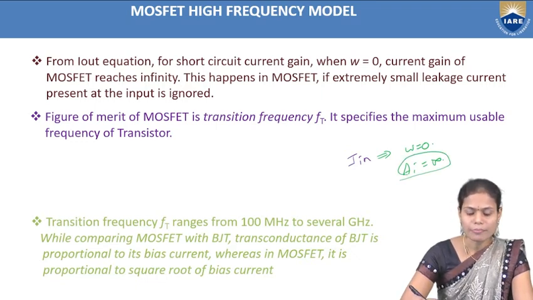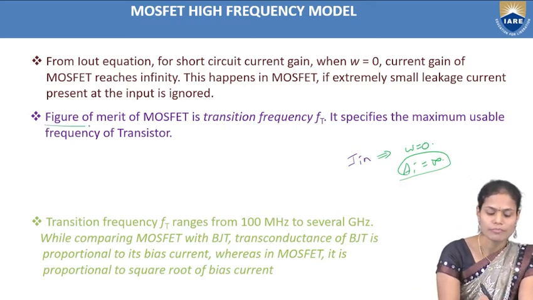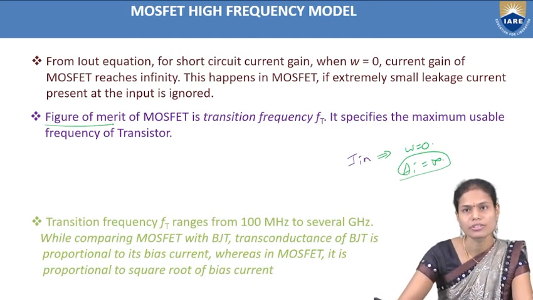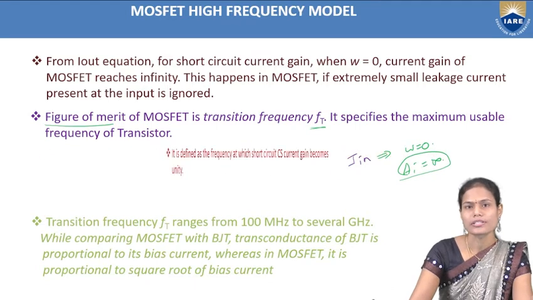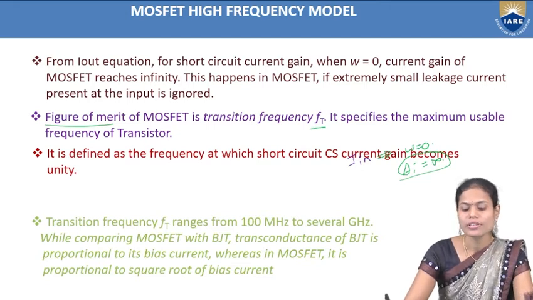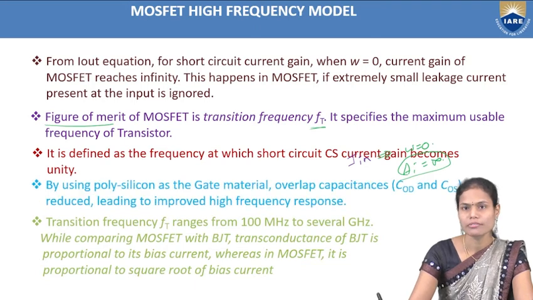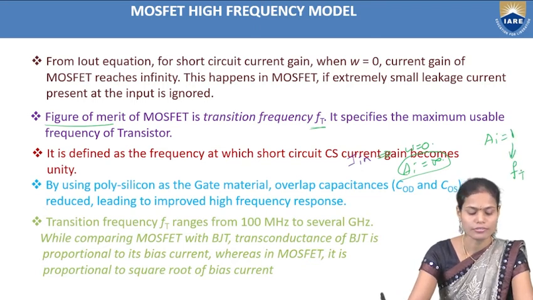And from the transition frequency, we can also find the figure of merit of the circuit. The figure of merit of the MOSFET is the transition frequency fT. This transition frequency fT specifies the maximum usable frequency of the transistor. We can define it as the frequency at which the short circuit current gain becomes unity. Wherever the short circuit current gain AI is equal to 1, that particular frequency we call the transition frequency.